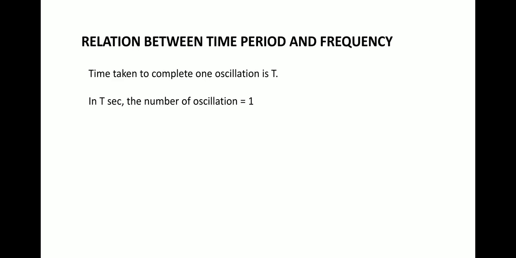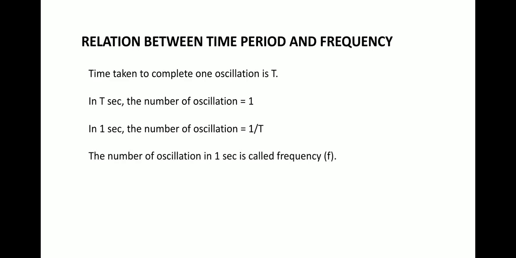So in 1 second the number of oscillations is equal to 1 upon T. This means that the number of oscillations in 1 second is 1 by T, and we have also learned that the number of oscillations in 1 second is called frequency.